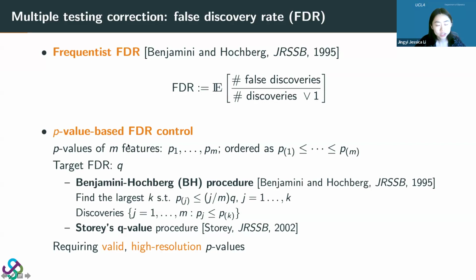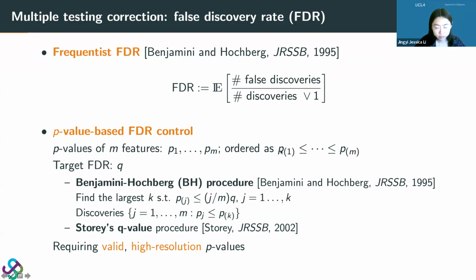Okay, and what I just said, the p-value based FDR control, the first and most widely used procedure is from the paper that proposed FDR, by two authors, Benjamini and Hochberg. Their procedure is very simple as an operation. Basically, if you have M features, say M genes, you have 1 p-value per feature.